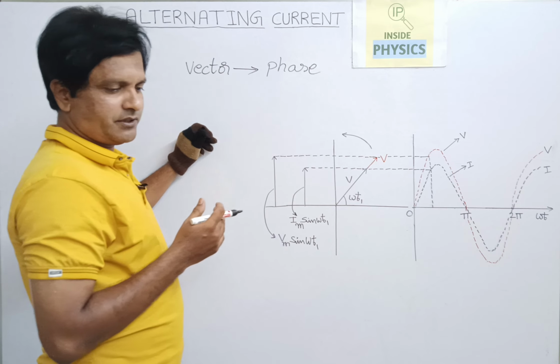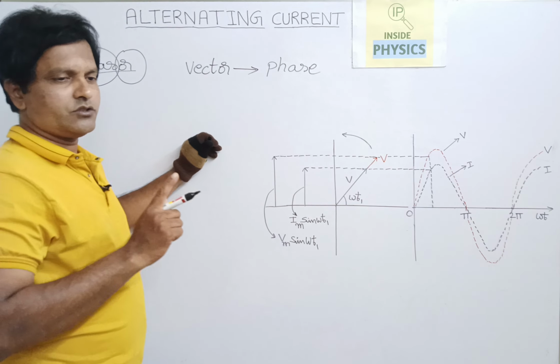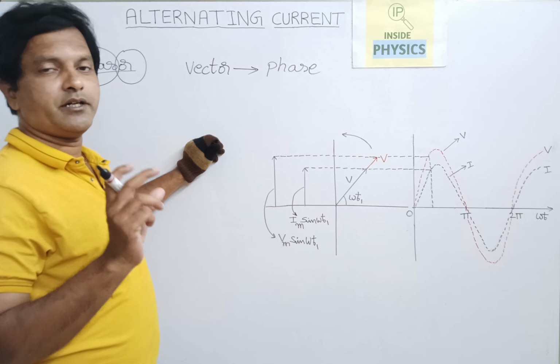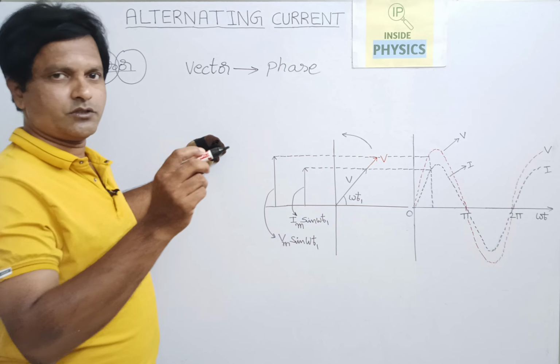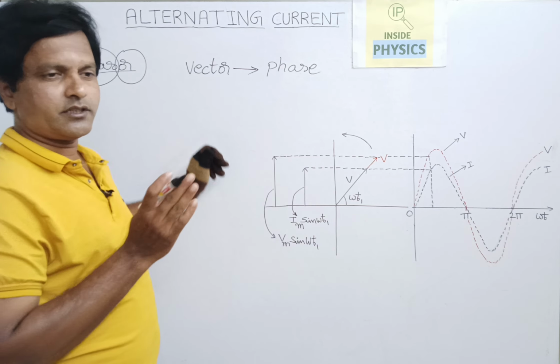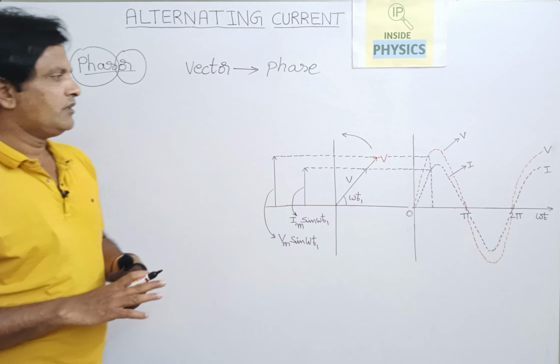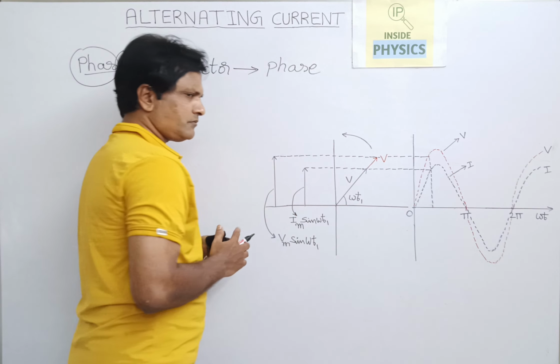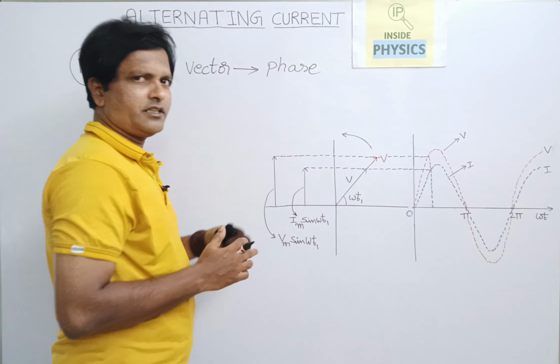In the previous video we have seen that there is no phase difference between voltage and current when we connect the AC source to a resistor. There is no time lag. So here we have taken the phasor diagram for a resistive circuit, where an AC source is connected to a resistor.